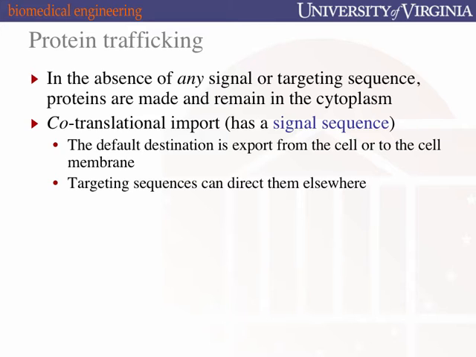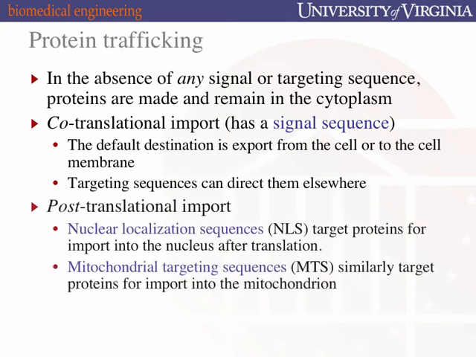It can go to other places if they have additional sequences, and I'll speak more about that probably next time. So associate co-translational import with a signal sequence. I put those two together, that's the term. It's unfortunately not very descriptive, but that's the term, the signal sequence.